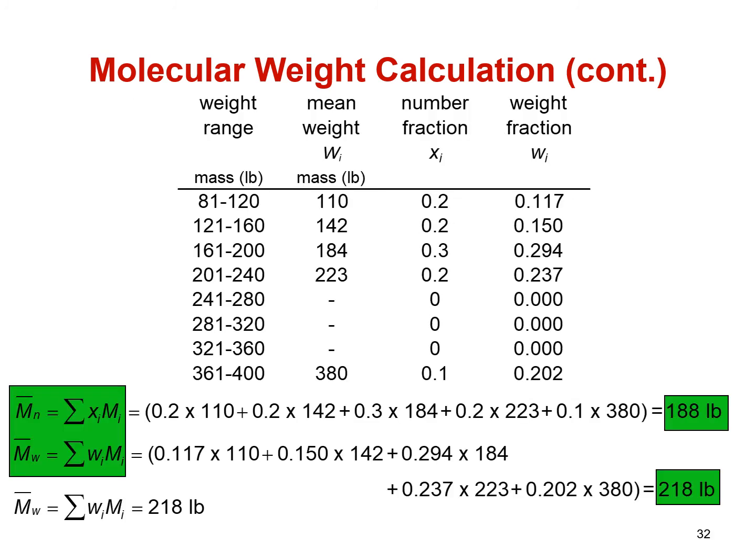So we can now calculate the whole of this number fraction and weight fraction. So based on that information, we can now calculate the number average and weight average of the molecular, in this case, the weight range of the class, and this Mn, the number average, is given as 188 pounds, whereas the weight average is given as 218 pounds.